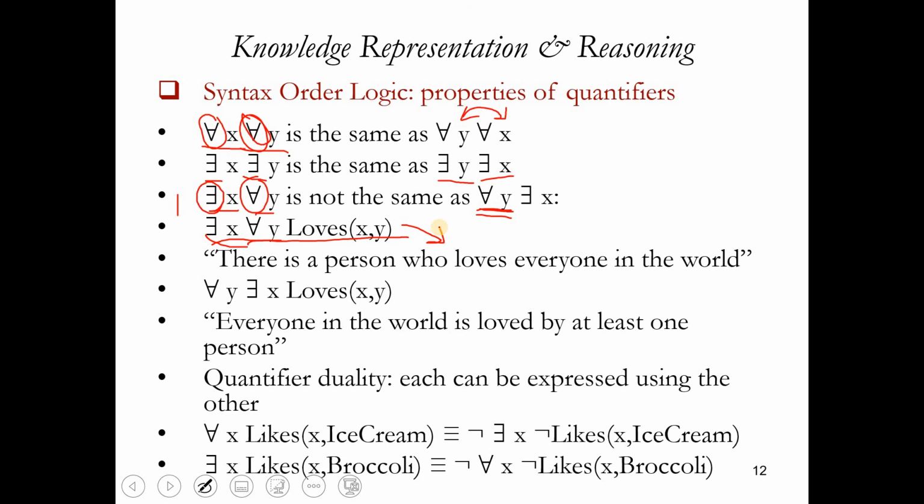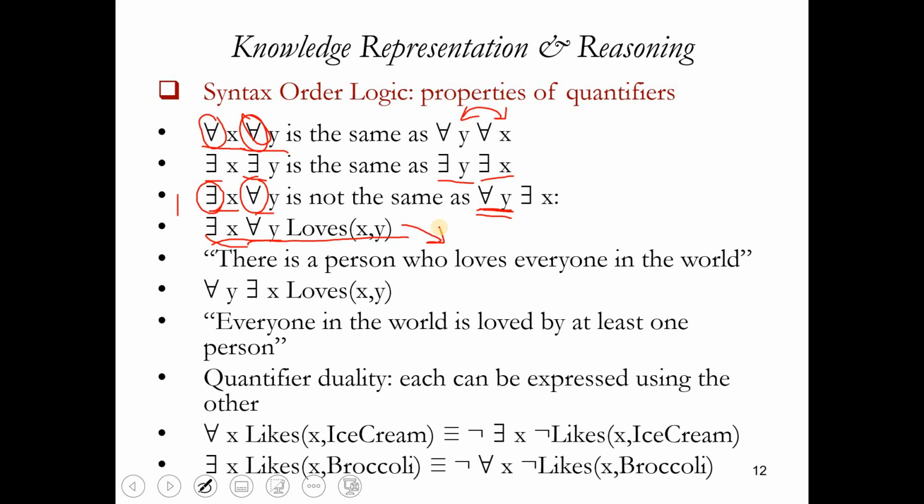Whereas if I write it in the opposite order, with the universal first, for all Y there is some X, it will be interpreted as everyone in the world is loved by at least one person. So it is not the same meaning: one person loves everyone in the world, or everyone in the world is loved by some person. I hope it is clear. Be careful about it.